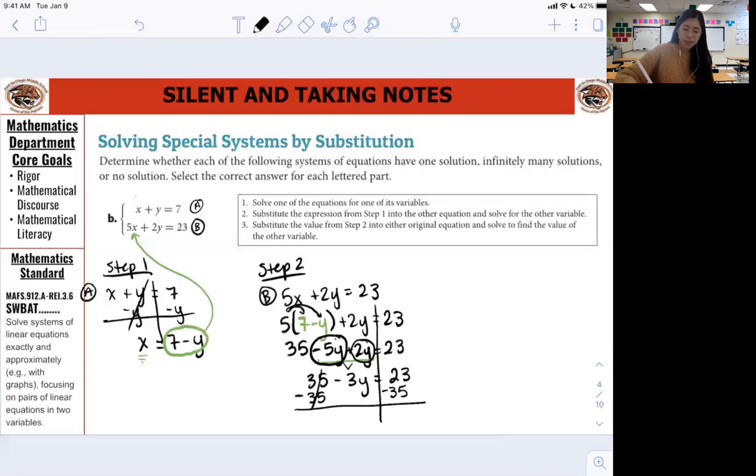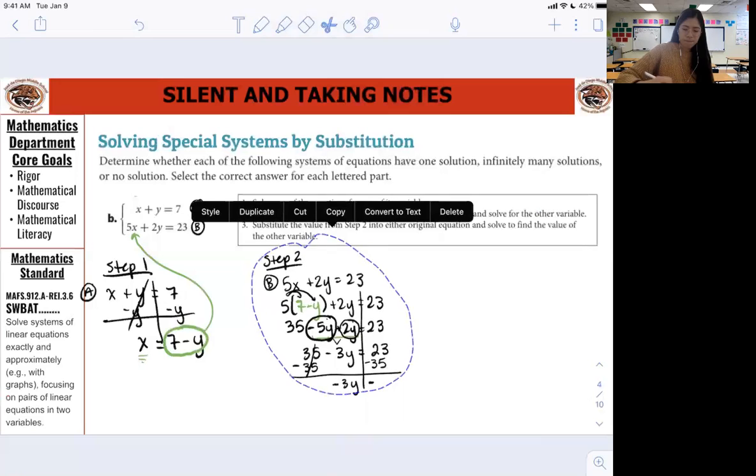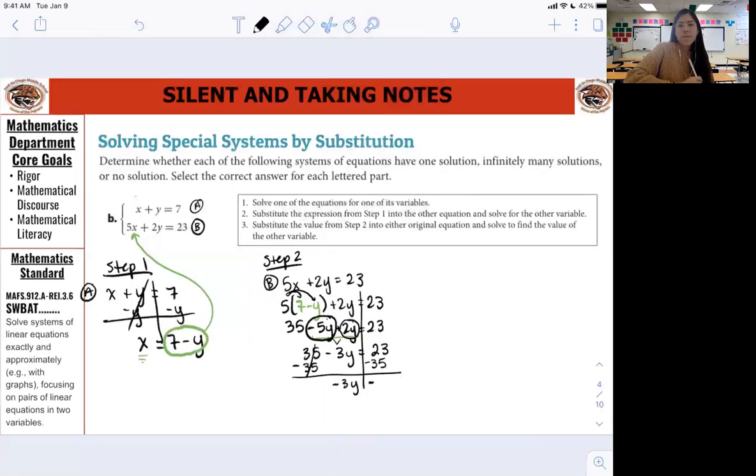Yeah, that's definitely going to be negative because we started at 23, but we're taking away 35. And what is it going to be? Negative what? Negative 12. What do you guys think?